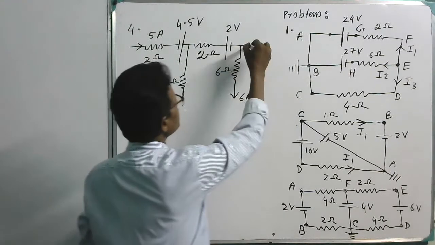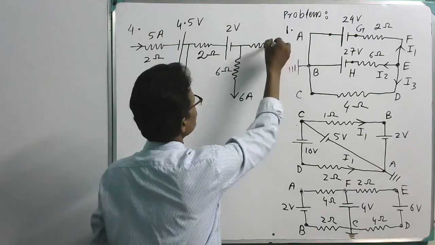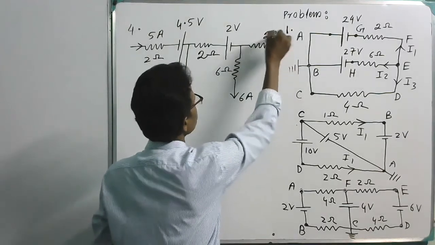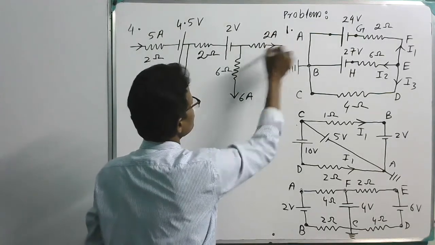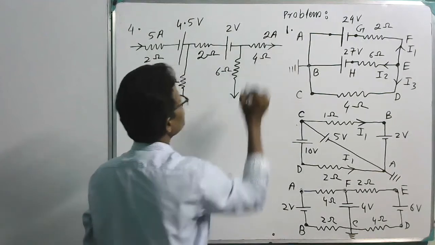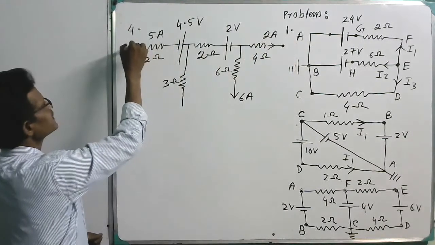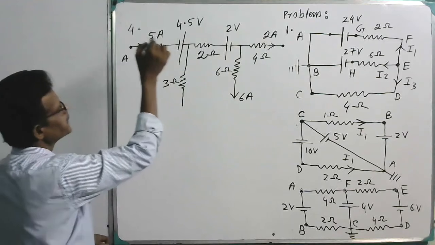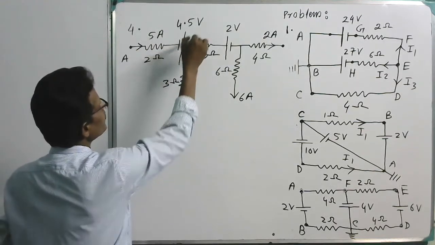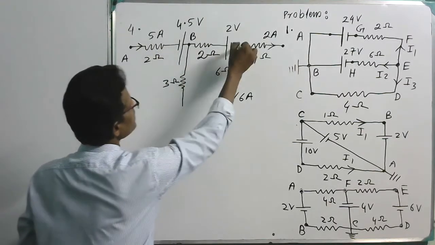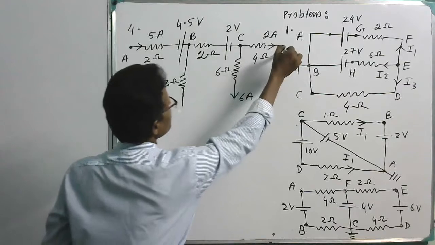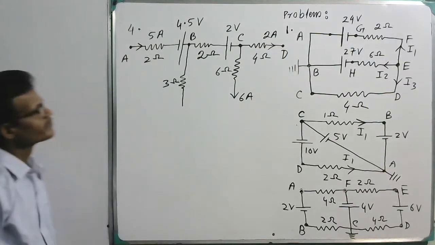There is a resistance of 4 ohm, current 2 ampere, and a 4 ohm cell. And end points, suppose A, B, C, and D.